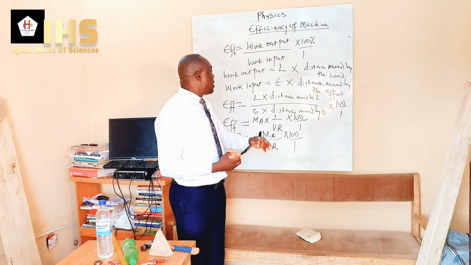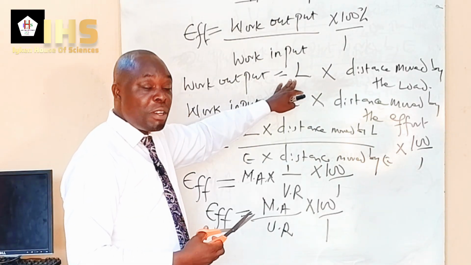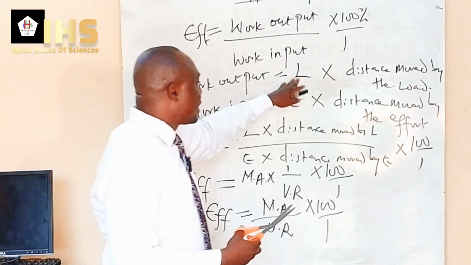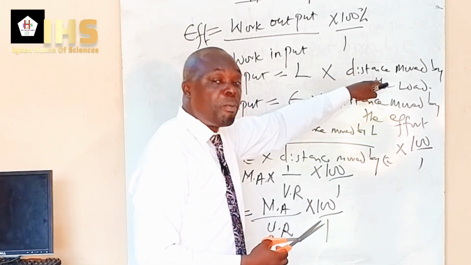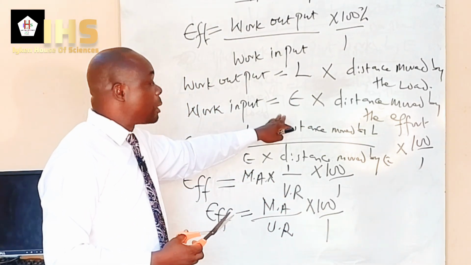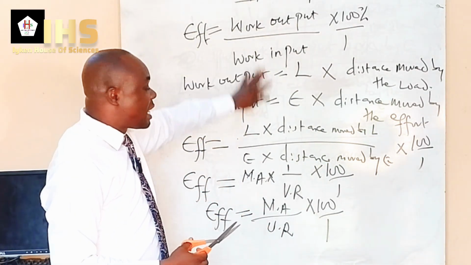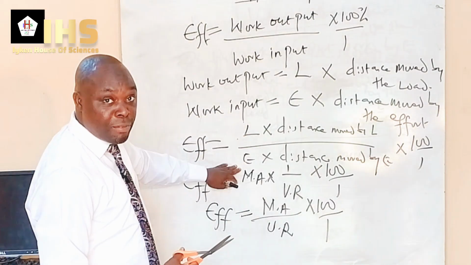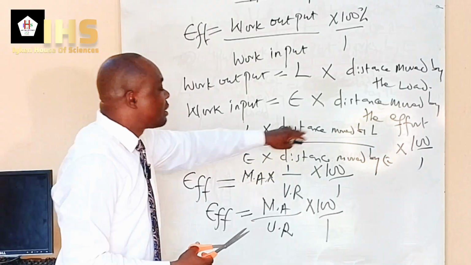How can we do that? The work output simply means the load itself, which is the force here, multiplied by the distance moved by that particular load. Then the work input is the effort multiplied by the distance moved by the effort. When we combine these together, the efficiency of the machine is load over effort times distance moved by the load per distance moved by the effort.